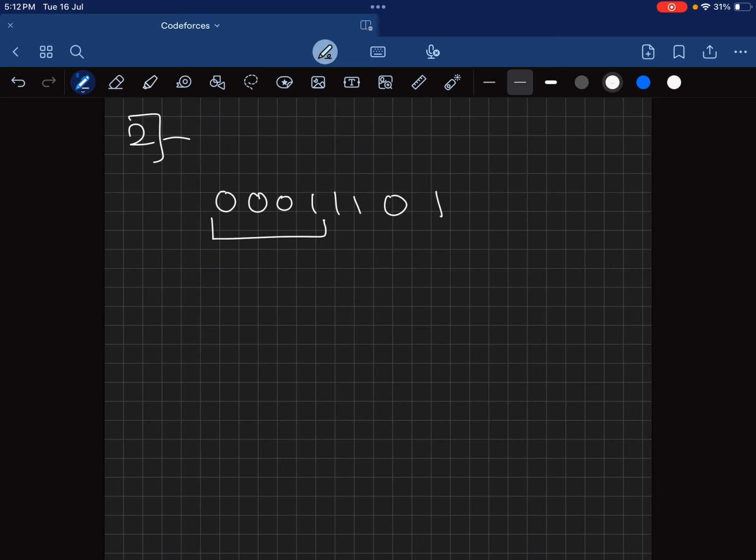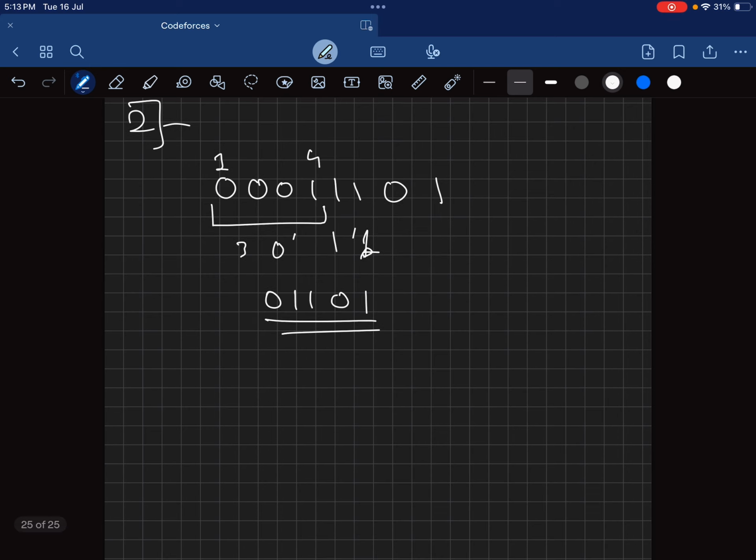For example, if we choose the substring from 1 to 4, we have 3 zeros and 1 one, so you can replace this substring by 0. And if there is a tie, you will have to replace the substring by 0. That is the operation permitted.